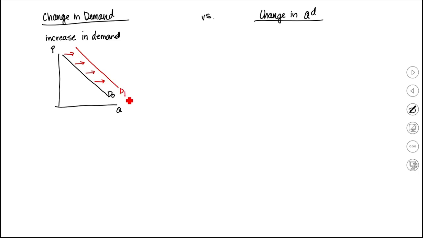So if I'm willing to consume more than before at every price, then our demand has shifted to the right. So an increase in demand is a shift to the right.